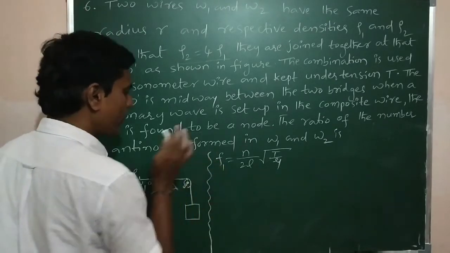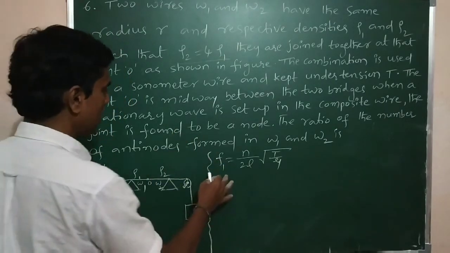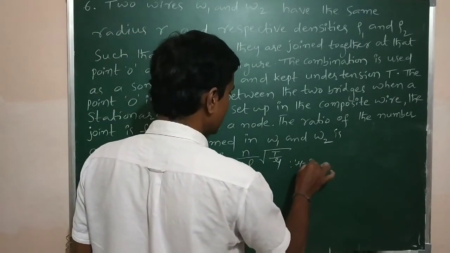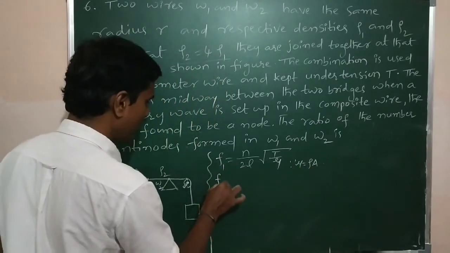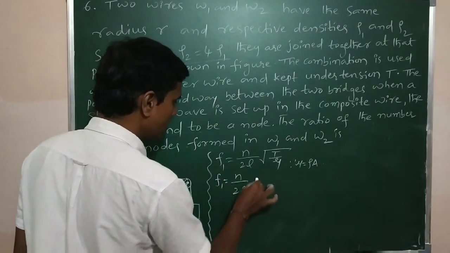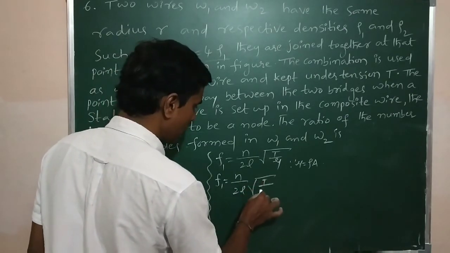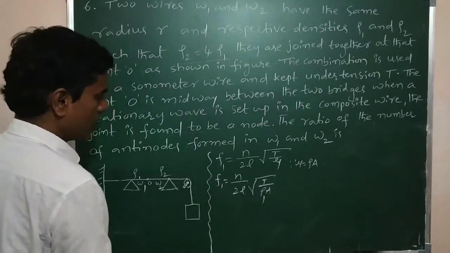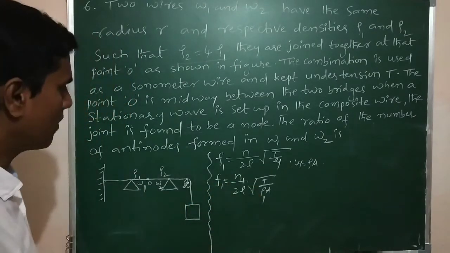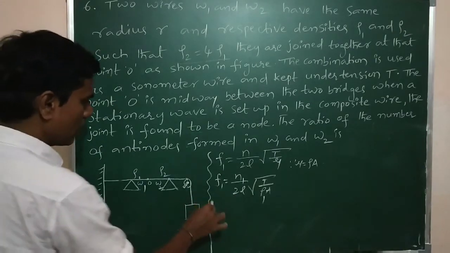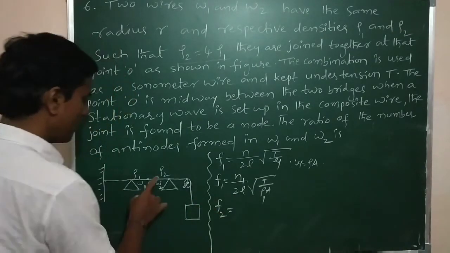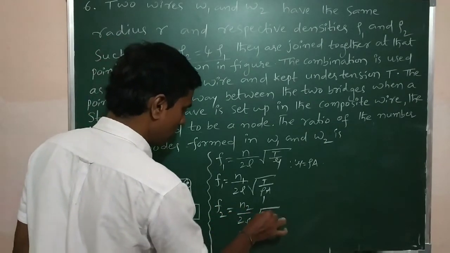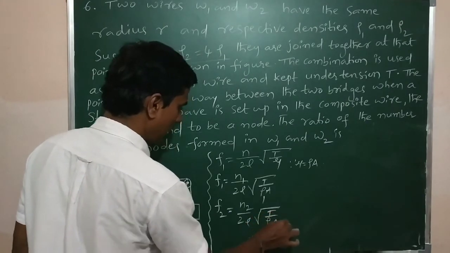Since mu is equal to rho A, F1 equals n by 2L root T by rho A. Here it is ρ1 and N1, the number of modes. Similarly, the frequency for the second wire, F2, is equal to N2 by 2L root T by ρ2 A.